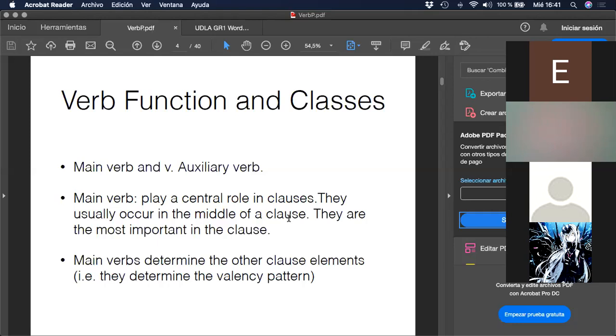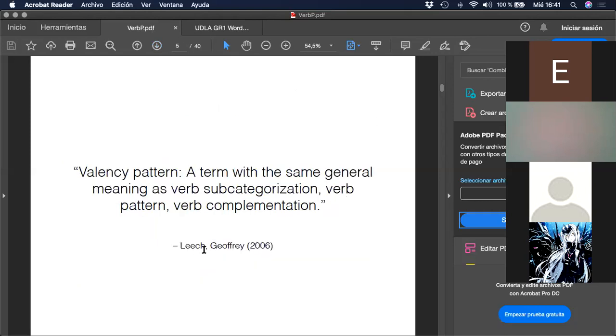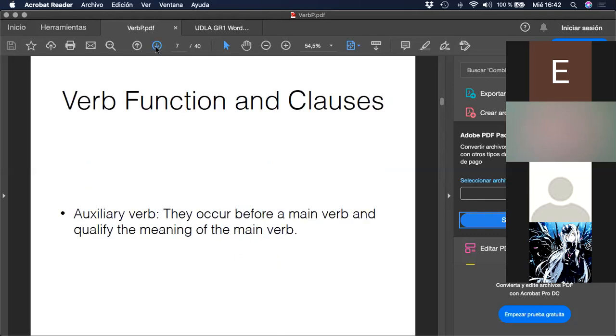Main verbs determine the other clause elements, that is to say, they determine the valency pattern. We're going to go a little deeper on that. What's a valency pattern? A valency pattern is a term with the same general meaning as verb subcategorization, verb pattern, or verb complementation. Those are other names given to this feature.